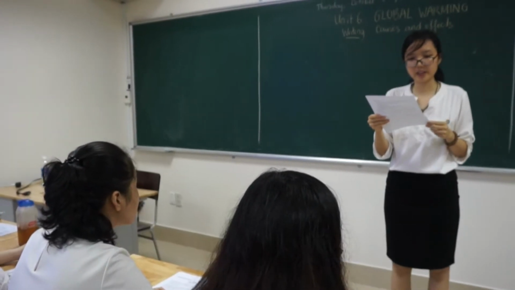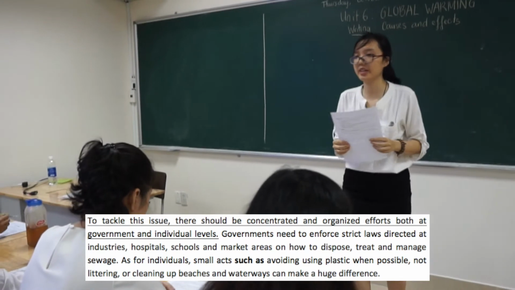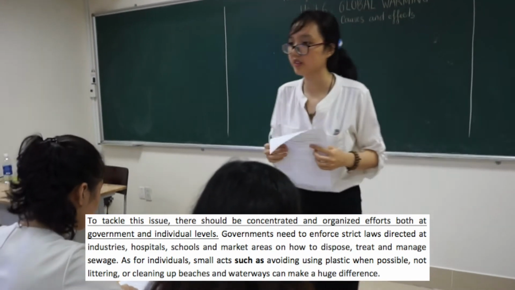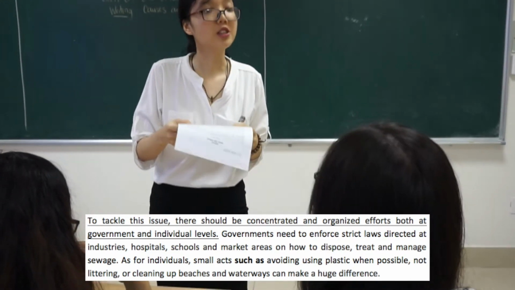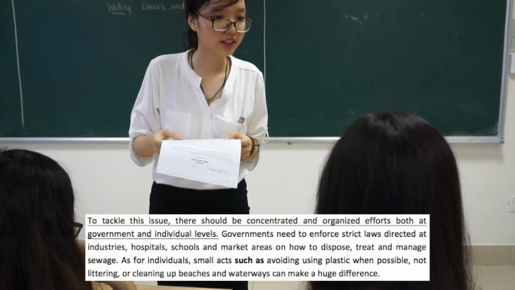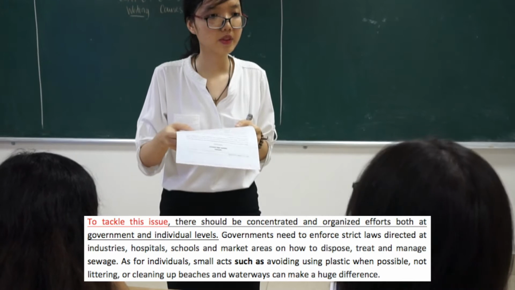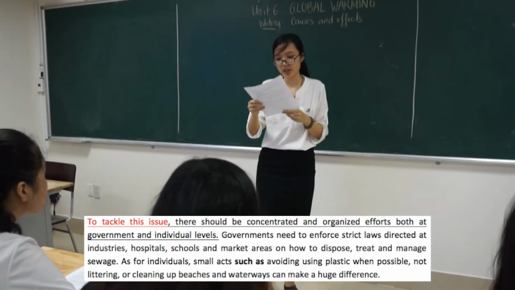So for the last paragraph of the body, can anyone tell me the main idea of this paragraph? Wing, please. I think it talks about the solutions. Solution. How do you know that? Because I see the word tackle this issue. Yes, to tackle this issue means to solve this problem.